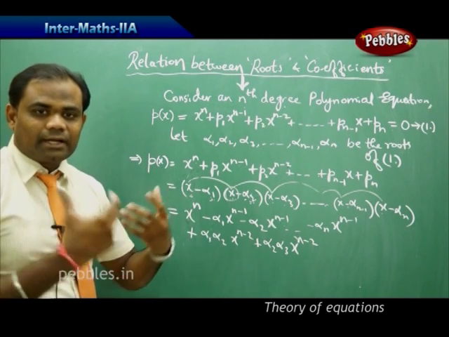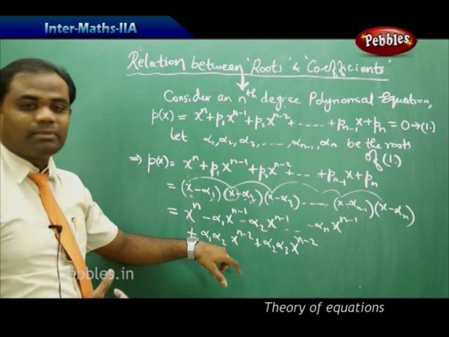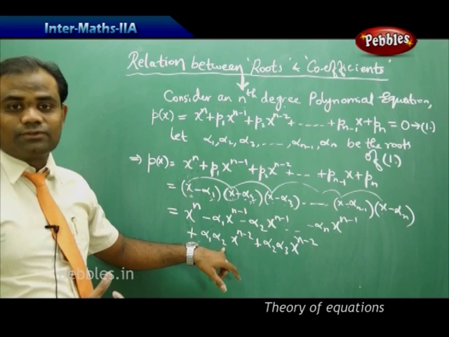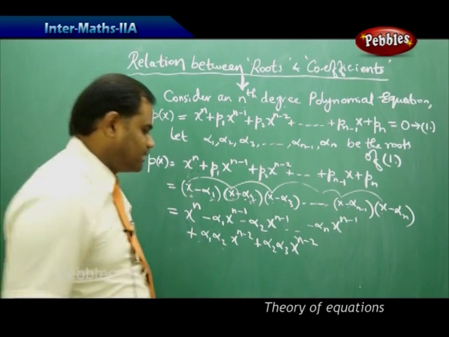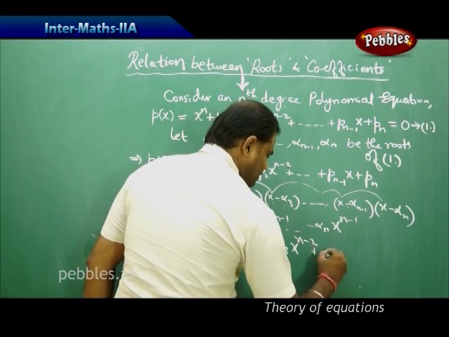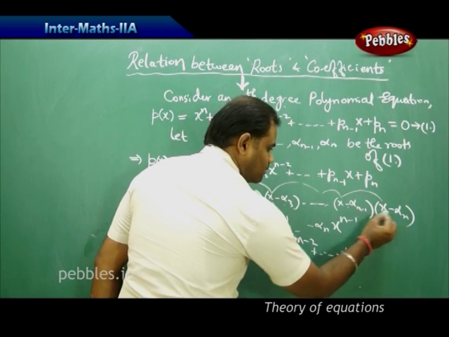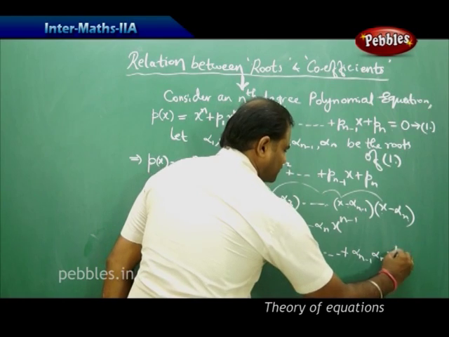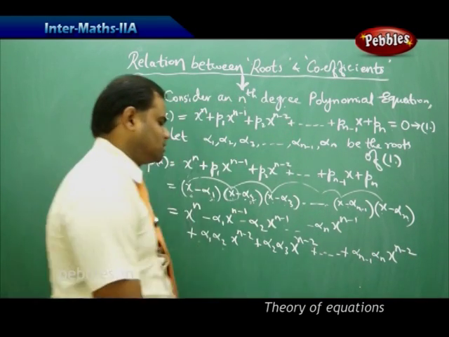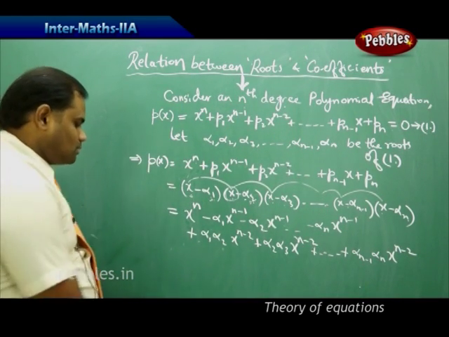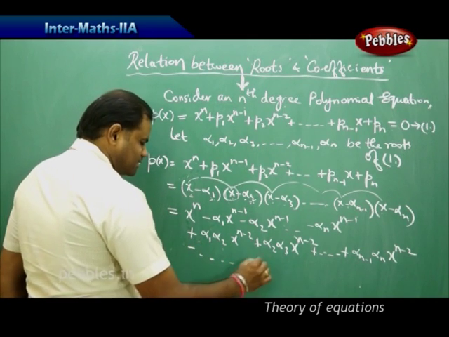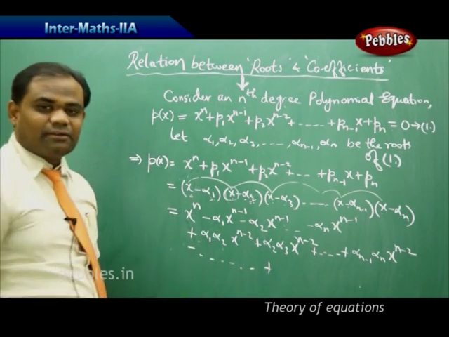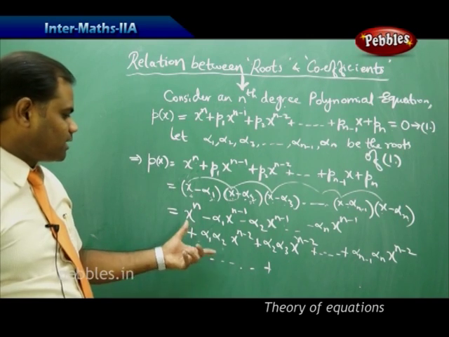So the roots are in pairs and they are multiplied in pairs of 2. Finally, the last is alpha n minus 1 into alpha n of x power n minus 2. That way, I get each of the factors coming with x power n minus 2.